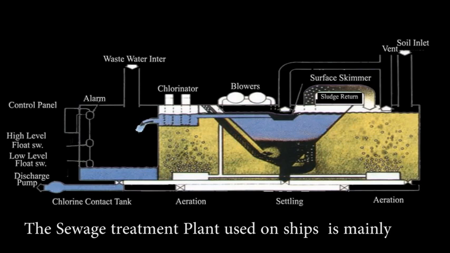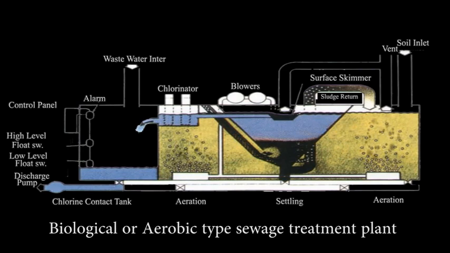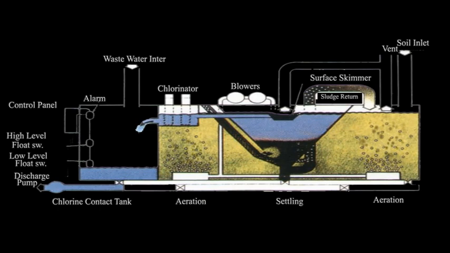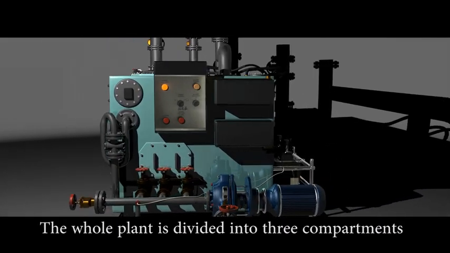A 100 milliliter sample is incubated for 48 hours at 35 degrees centigrade for a coliform count. Each person contributes 125 to 400 billion bacteria per day. IMO recommends a count of 250 per 100 milliliters of treated sewage.